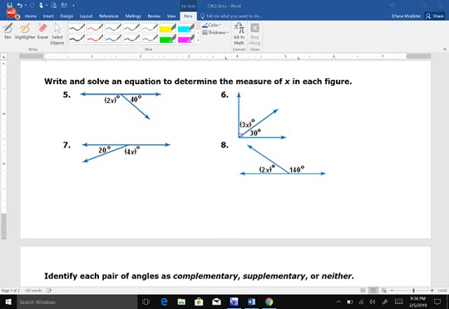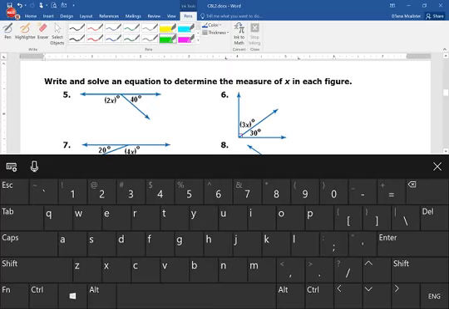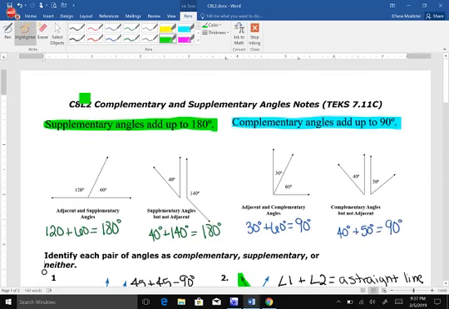In examples 5, 6, 7, and 8, we will use the idea of supplementary and complementary angles to determine the value of x. For example number 5, you can see that it does create a straight line.